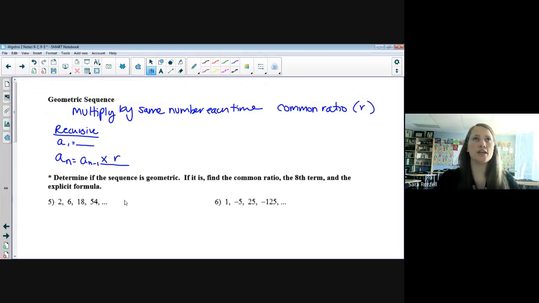So your recursive sequence is what we did last time. If you're multiplying by the same number each time, you're just going to put times whatever you're multiplying by.